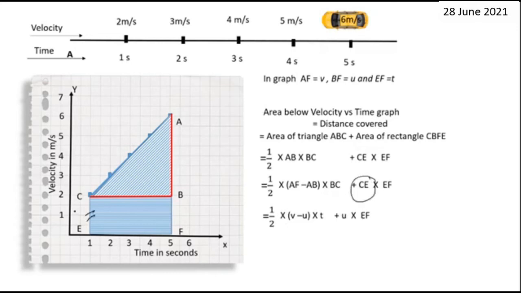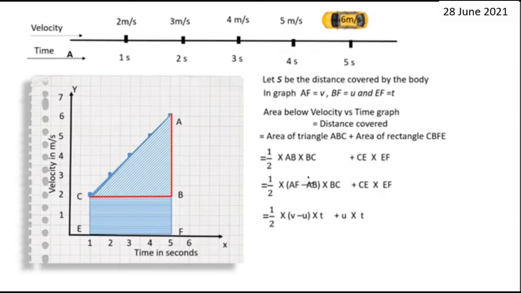CE, as I told you, is the initial velocity U into EF, and EF is again T. So you get a final equation here: half into V minus U into T plus U into T.